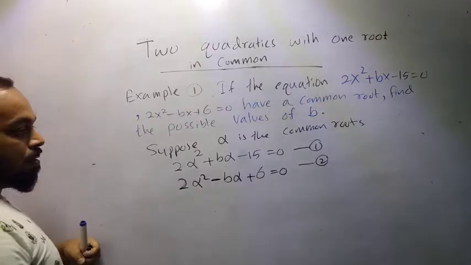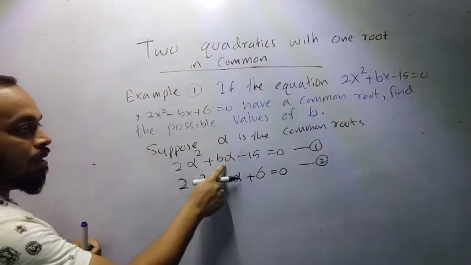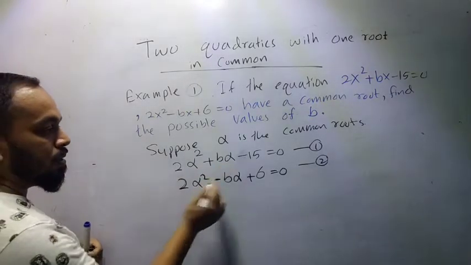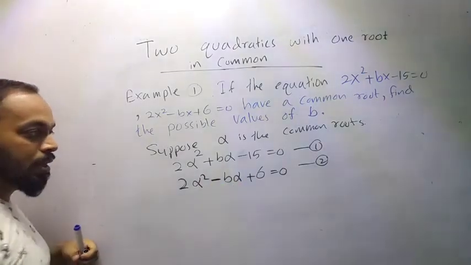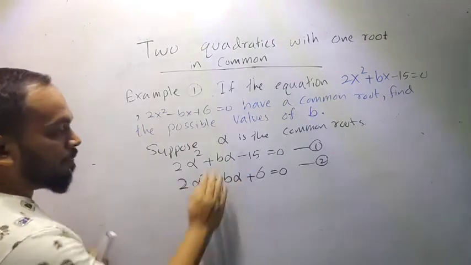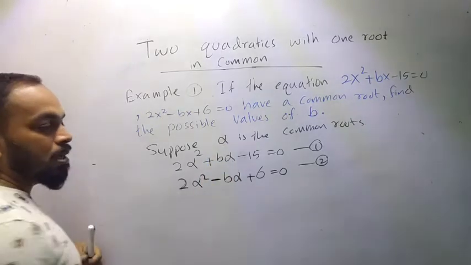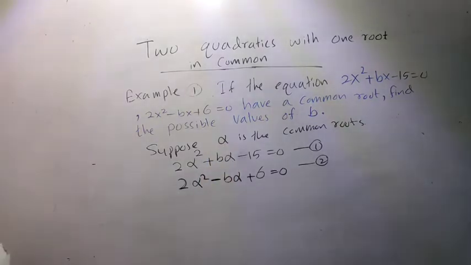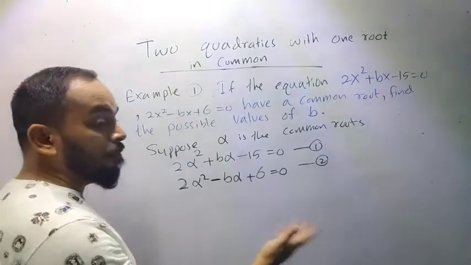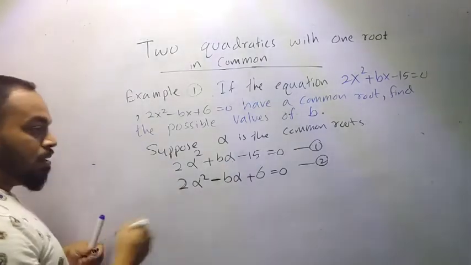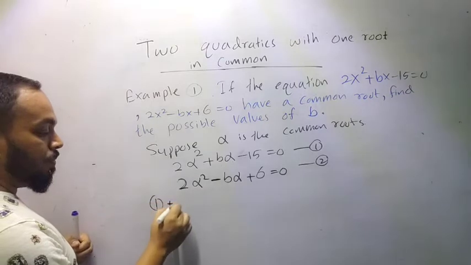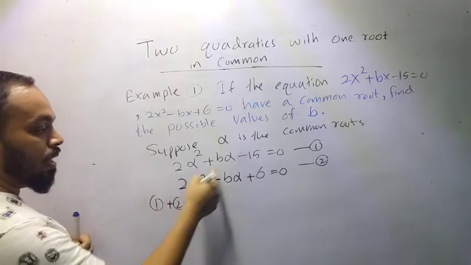Now, we can get rid of the alpha terms. So b alpha is there. If we get rid of this one, we would get alpha squared equals something which does not have b there, right? So I can just add these two up. 1 plus 2, these two cancel.